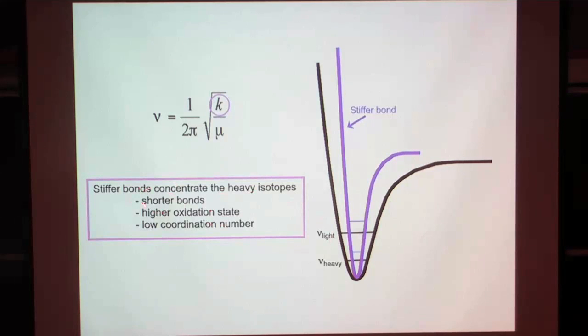And stiffer bonds are associated with shorter bonds, higher oxidation state, lower coordination number, et cetera, et cetera. But these are the ones that are most normally focused on. So what we know, based on quantum mechanics, is that the heavy isotope will tend to be concentrated in the stiffer bonds.